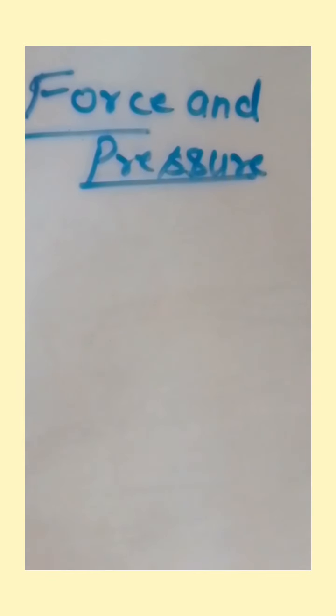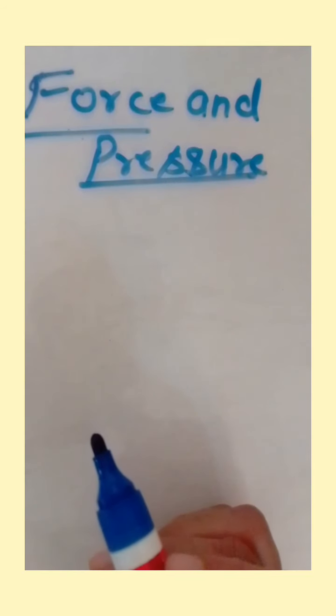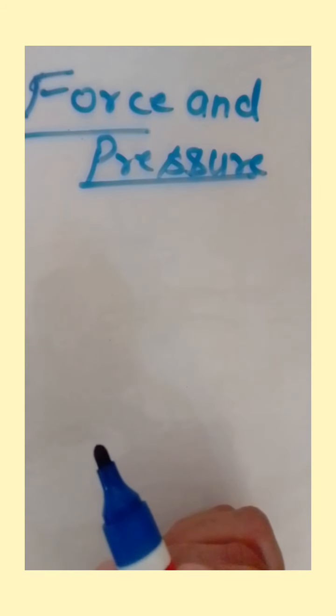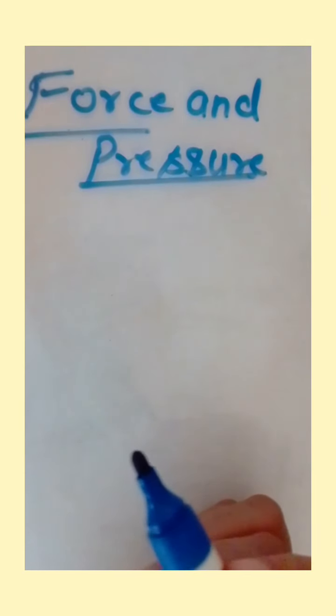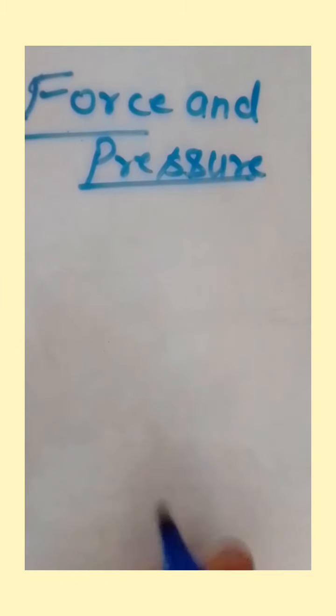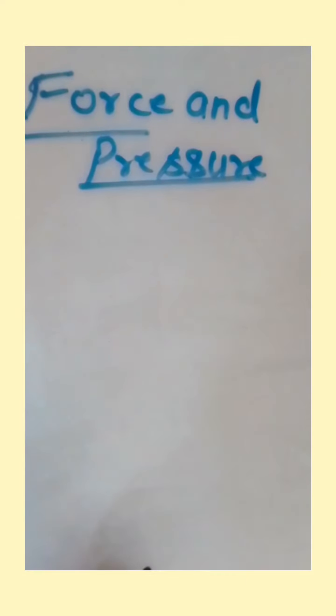Muscular effort means when we apply force, what do we do? We apply our muscular force there, and then we can observe the motion of the object. So it means for moving an object, an external agent is required, force is required to start and to stop the motion of that particular object.